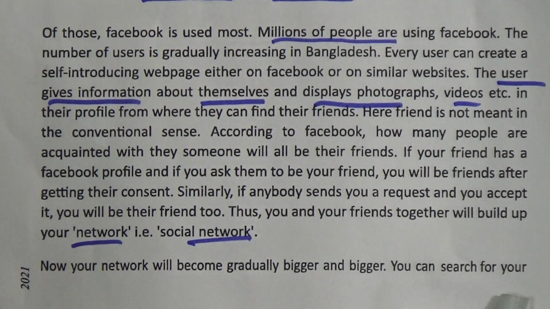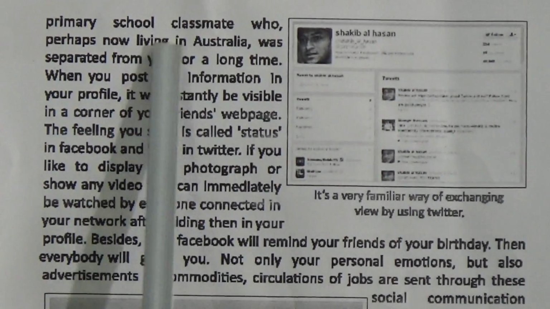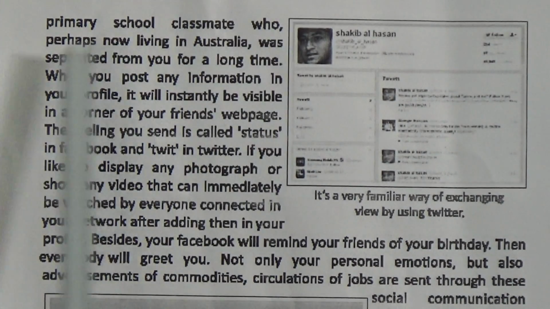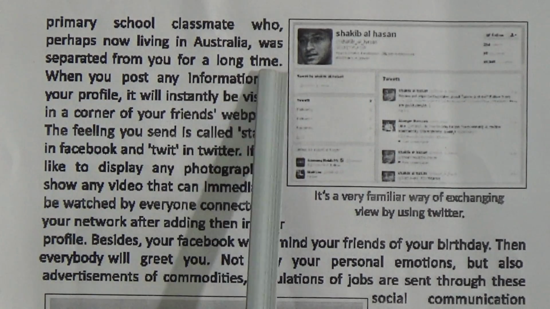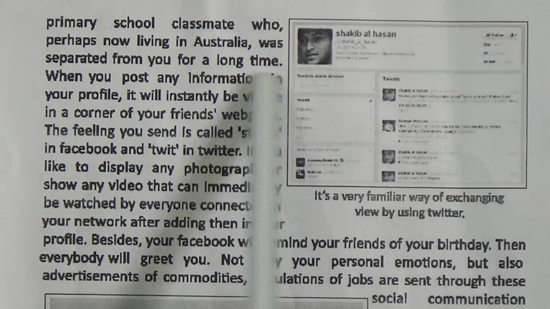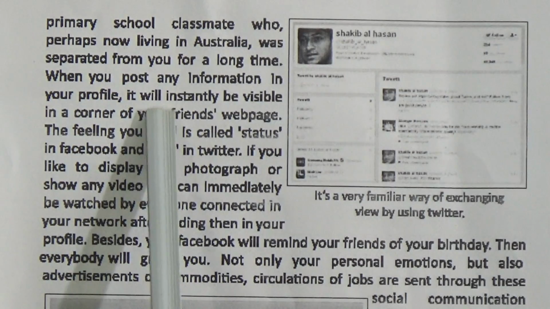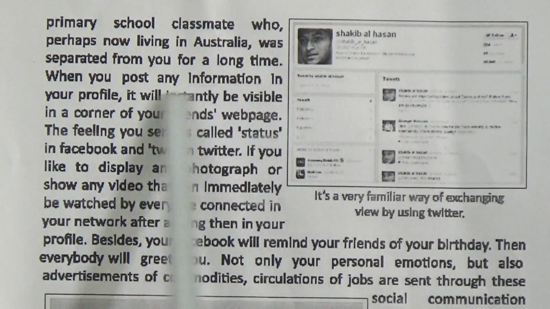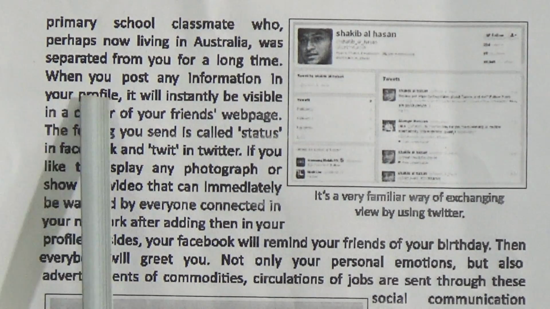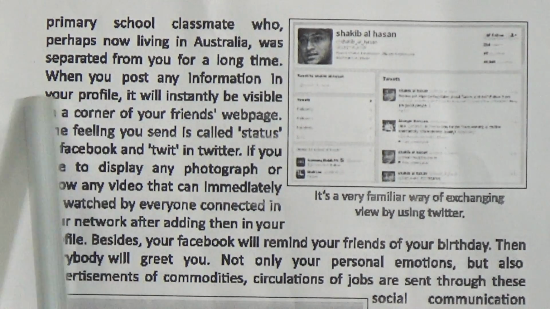You can search for your primary school classmate who may now be living in Australia, who was separated from you a long time ago. In this system, you can find your long-ago friends. Now you can easily find them using Facebook.